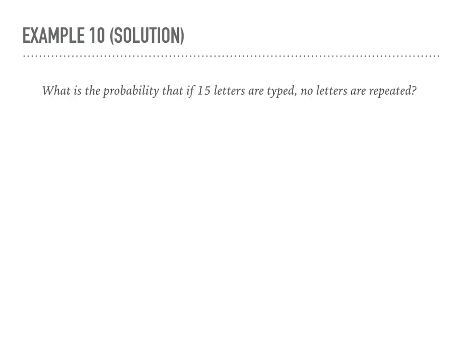Now, what is the probability that if 15 letters are typed, no letters are repeated? So this means if we don't want any repetition, we're choosing 15 positions, all of them different, out of 26 different letters.